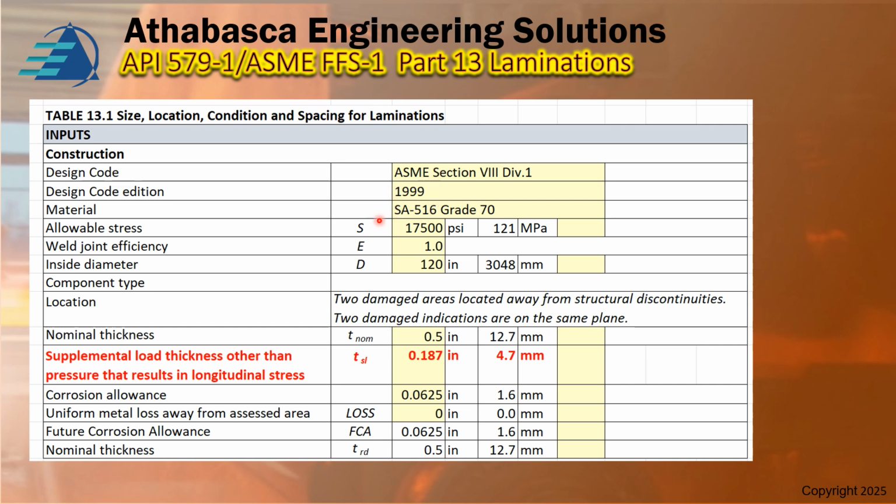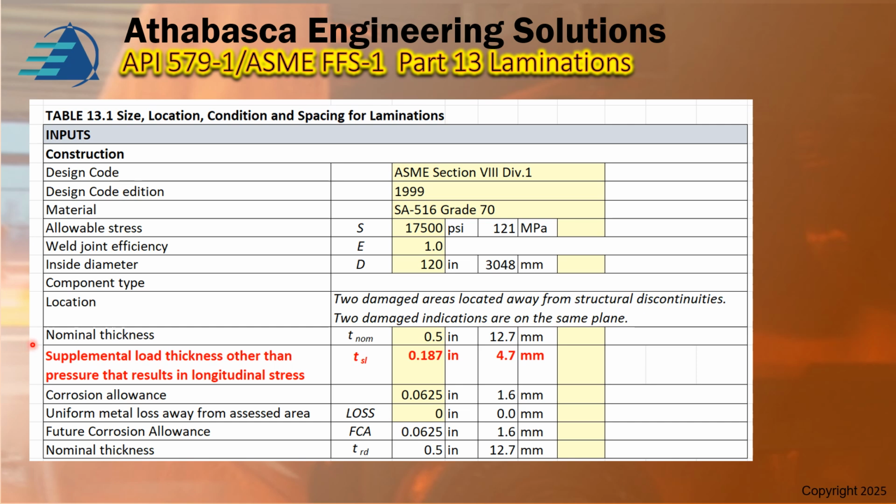Because of that, we know that our allowable stress drops from 20,000 to 17.5. And we have a weld joint efficiency, which we're given, and the inside diameter. We know a little bit about the damage of the components. We've put some notes in here that should really be in the inspection report, but this is the form, so we put that in anyway.